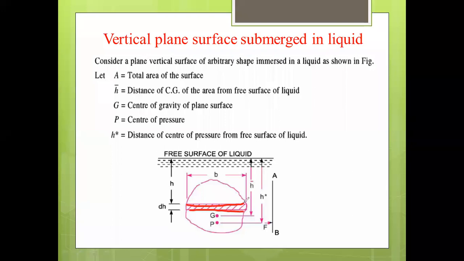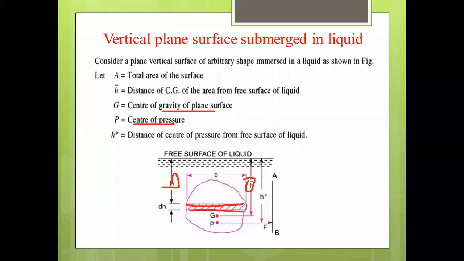We consider the elemental strip, which is at distance small h. This G is nothing but the center of gravity of the plane surface. P is the center of pressure. Then H bar and H star.